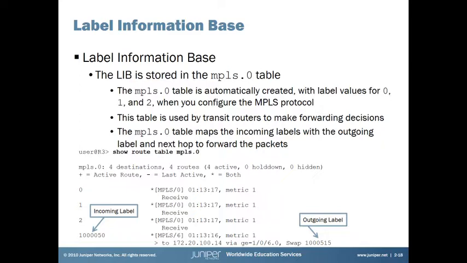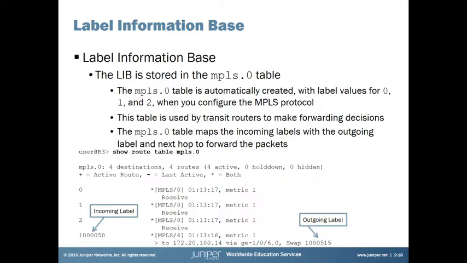So in this case, incoming value 10000050, the interface reference there, ge-1/0/6.0, and then the outgoing value of 10000515. So that is a typical transit router scenario where the label comes in with one value, gets forwarded out an interface based on the value, and gets a new value on its way out.